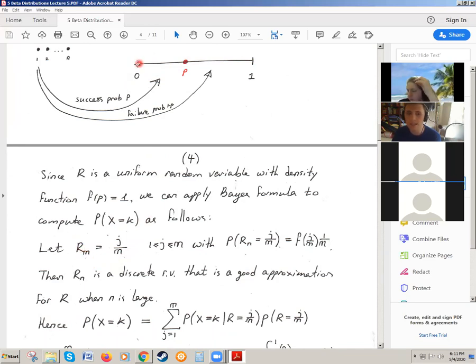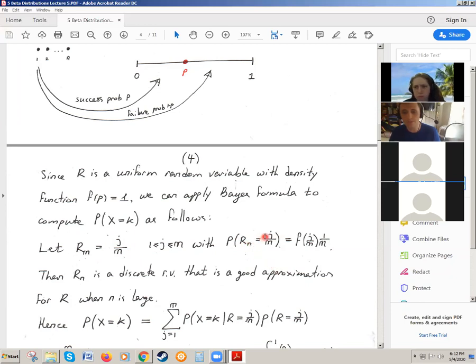Rm means that I divide the interval into m parts, m segments, and the particle is either in the first segment or second segment or third segment or fourth segment, etc. So that's how I represent its actual position, right? So the probability that the particle lands at j divided by m, where j goes from 1 to m, is going to be, that should be m, I'm sorry, that should be m.